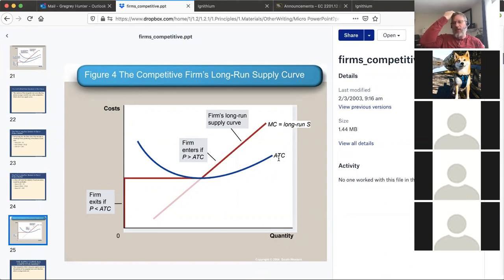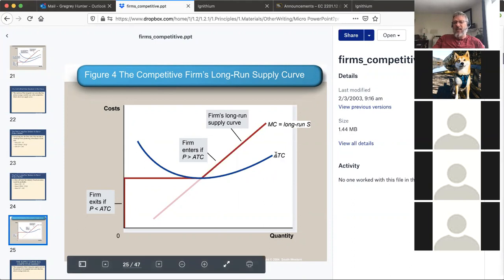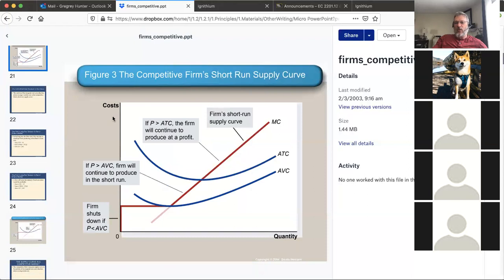In some textbooks, in some contexts, you'll see it labeled the LRATC, the long run average total cost curve, because it's an entirely different relationship between the costs and the level of output than what occurs in the short run.